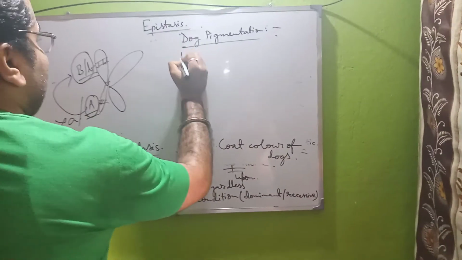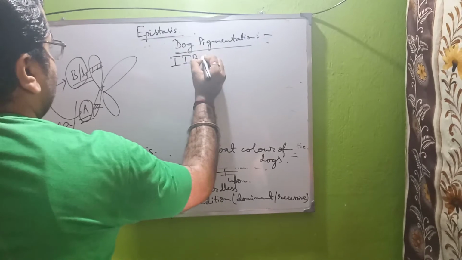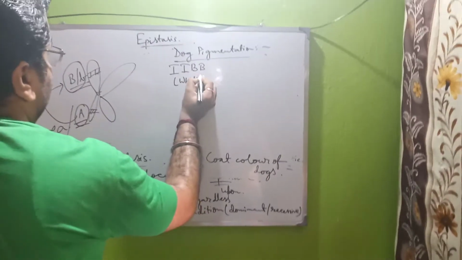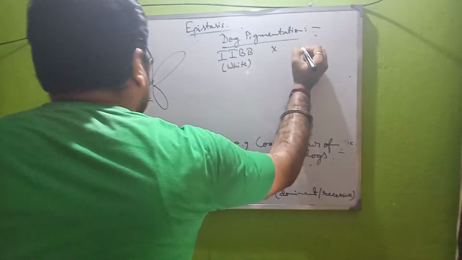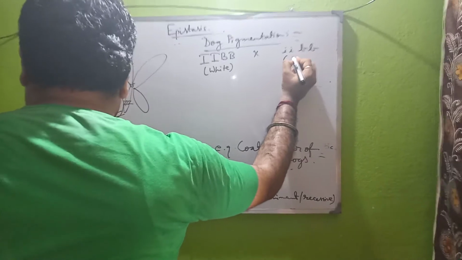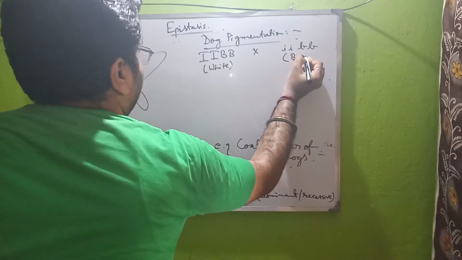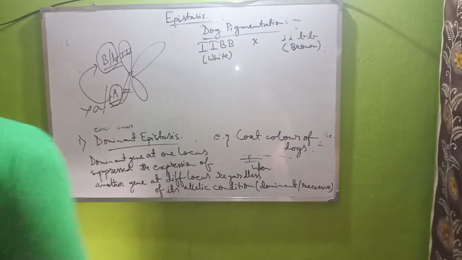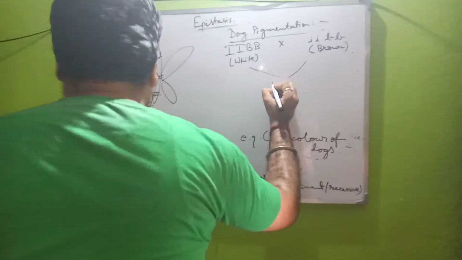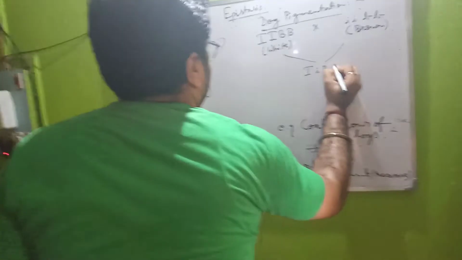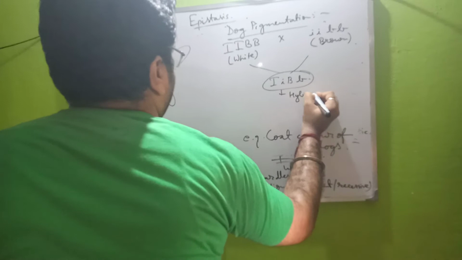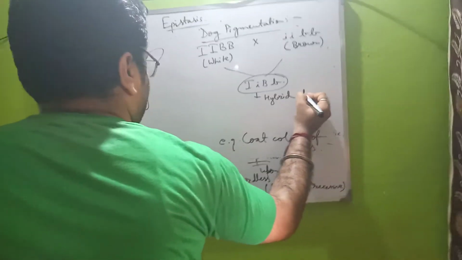I have taken capital I capital I and capital B capital B to be the white pigmentation of a dog, and capital I small i and small b to be brown. When both cross in the gametes, a hybrid white will be formed.